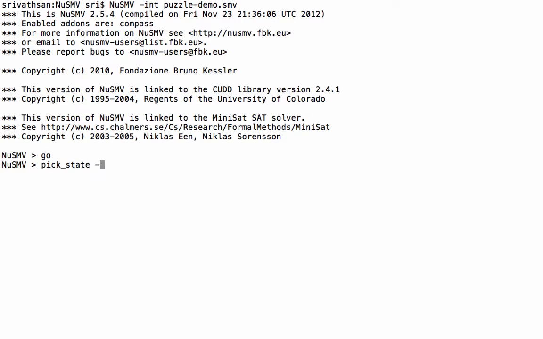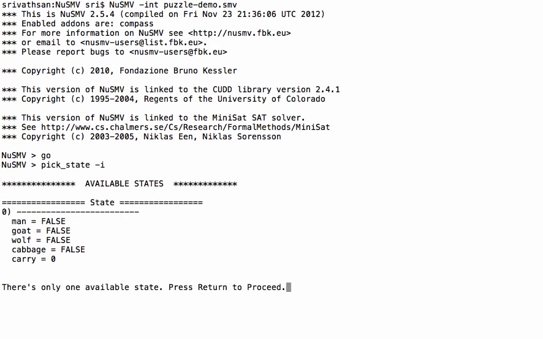Let's pick and let's see what the initial state is. There is only one available initial state and all of them are on the left bank. The value of carry is 0. Let's now try to simulate it for a certain number of steps.